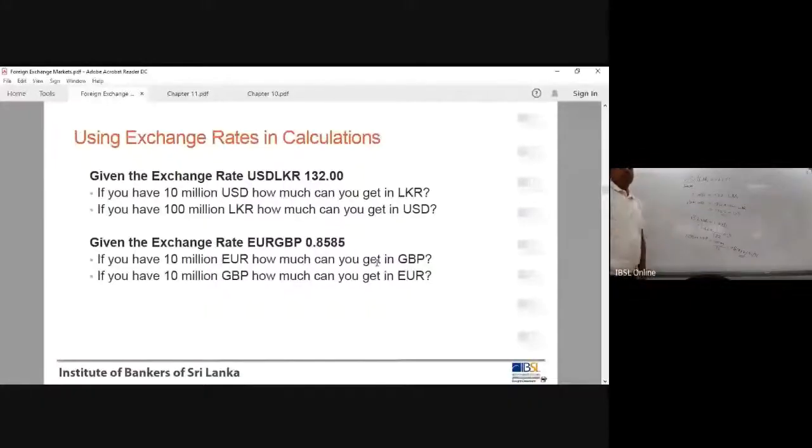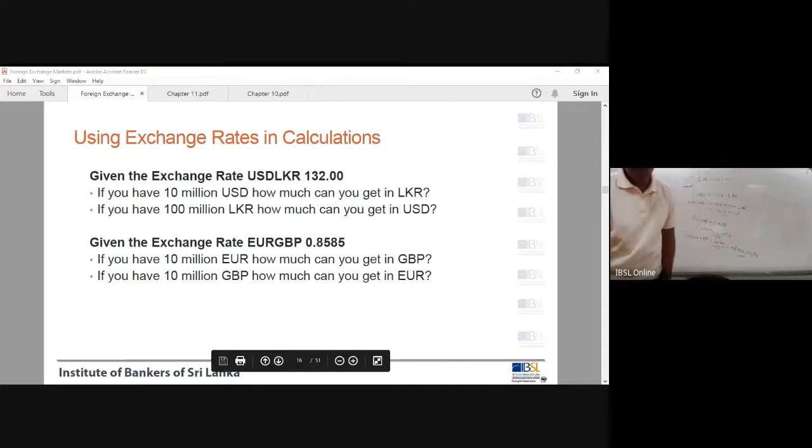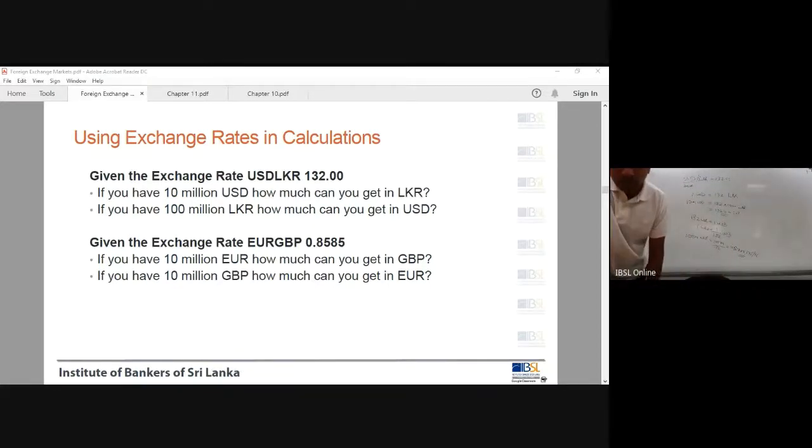Next question. Given the exchange rate of euro sterling 0.8585, what is the base and which currency is strong? The base is euro. Sterling is stronger.